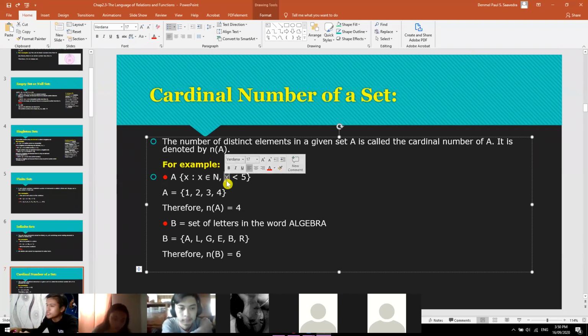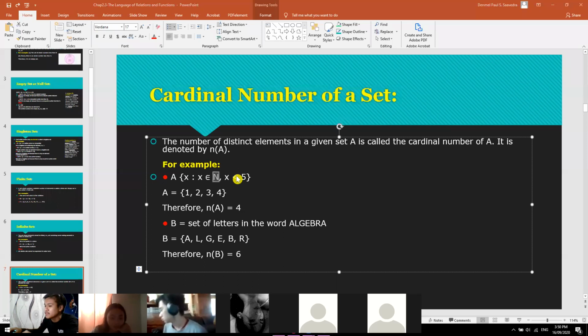Another condition is X is less than 5. Take note, natural numbers again. So this one ranges from 1 to infinity. And here we have a limitation wherein up to 5 only. So starting from 1, 2, 3, 4. Actually 4 only. It's not included since it should be less than 5. So this one has a cardinality of 4.